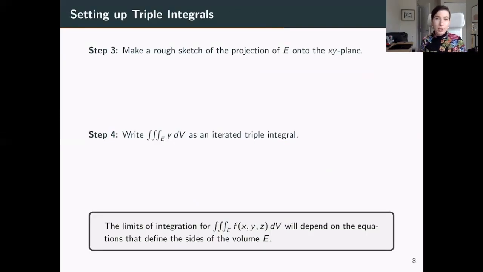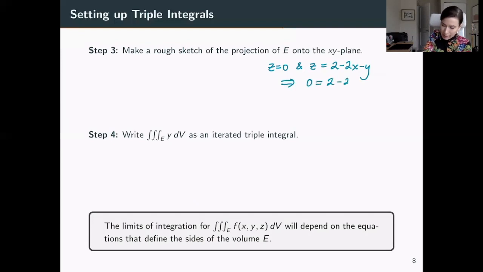The next step in this process is to make a rough sketch of the projection of that surface E down into the xy-plane. This is going to happen when we have that our z is equal to 0 and our z is equal to 2 minus 2x minus y. Setting these equal to each other, this gives me that 0 needs to be equal to 2 minus 2x minus y, which is the same as the line y equal to 2 minus 2x.